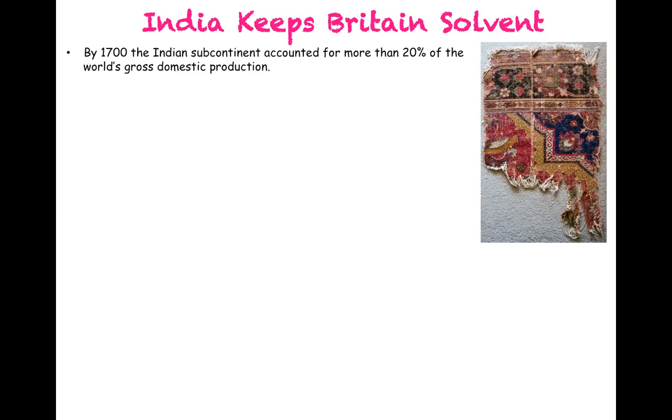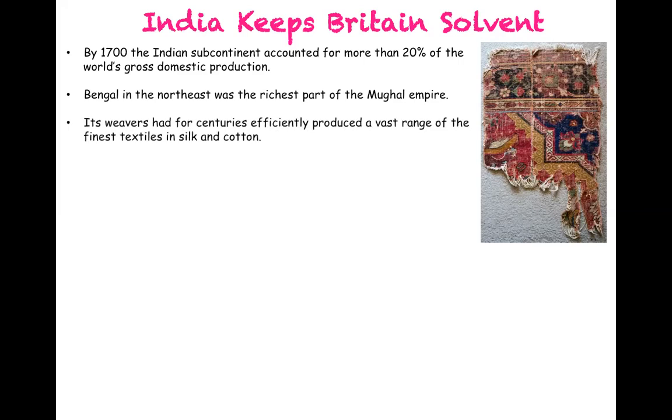By the early 1700s, India accounted for more than 20% of the world's gross domestic production. Historically, Bengal in the northeast had long been the richest region in the Mughal Empire. This region was famous for its magnificent textiles, one of which you see to the right, in silk and in cotton.